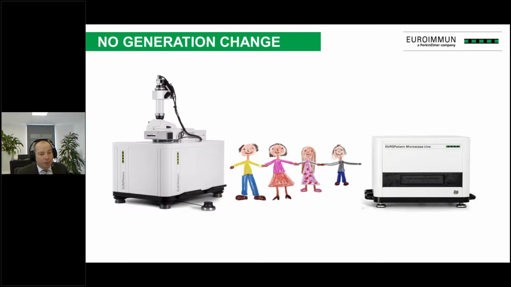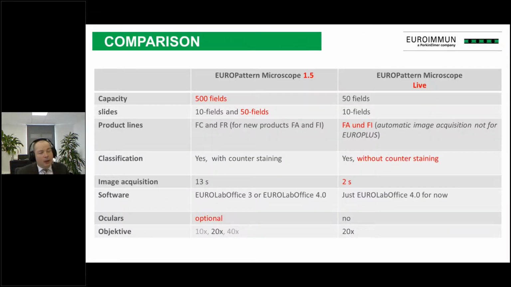I will say no. Both systems, the EUROPattern Microscope 1.5 and EUROPattern Microscope Live, have special features that are essential for certain situations. Here I would like to show you a comparison table with some key features for the EUROPattern Microscope 1.5 and some key features for the EUROPattern Microscope Live.